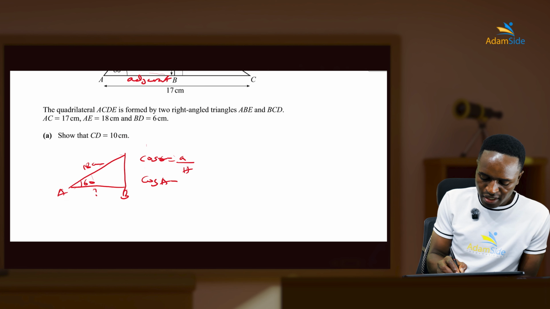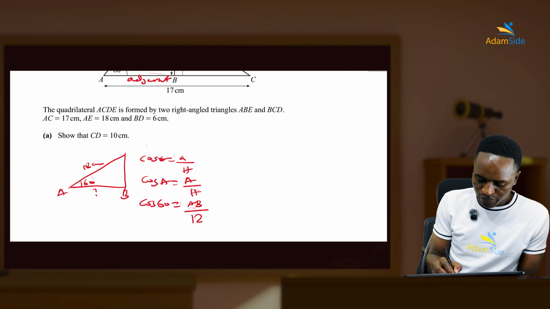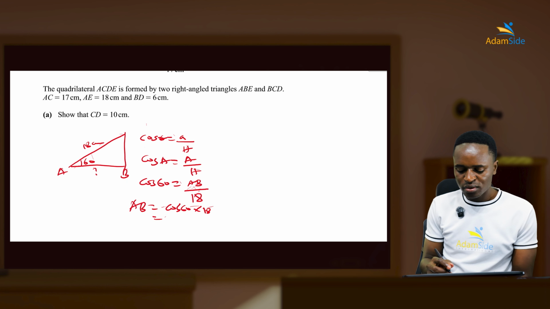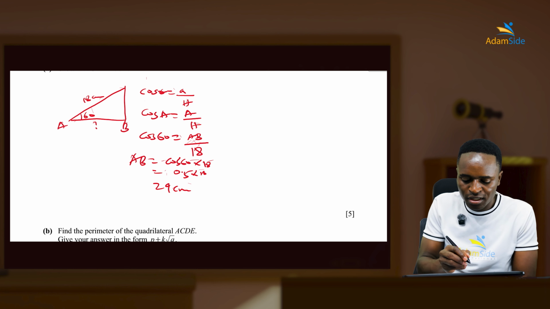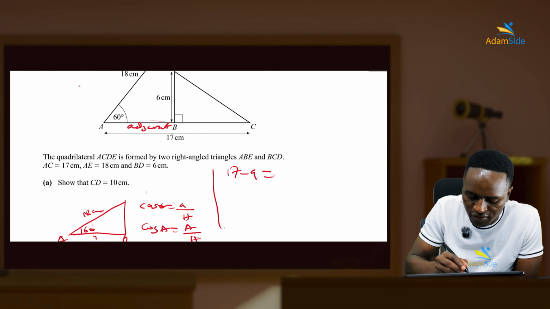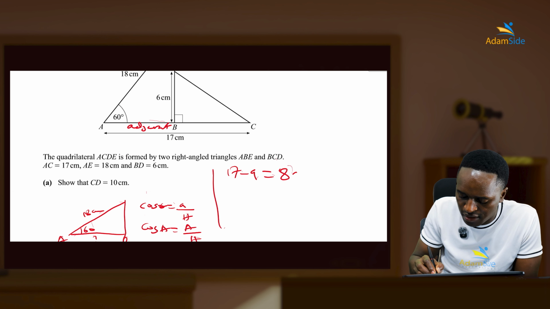So cos 60 is equal to adjacent, which is AB, over 18. To get AB, it's cos 60 times 18. Cos 60 is 0.5, times 18, it's 9. So AB is 9. 17 minus 9 is 8.